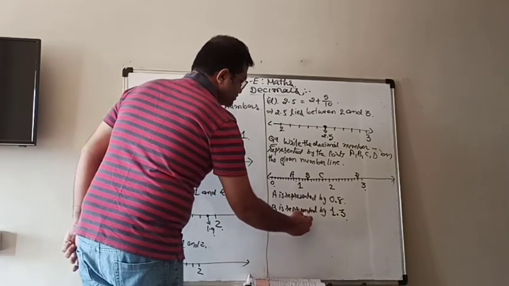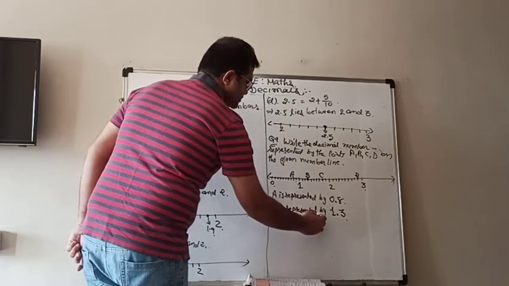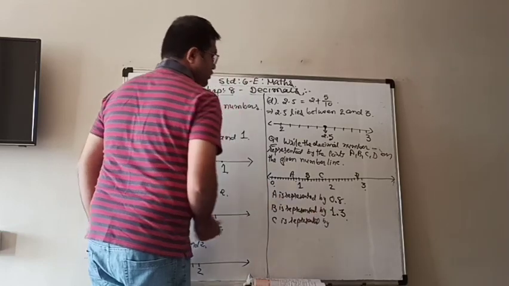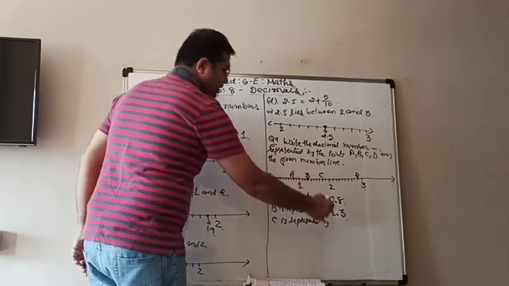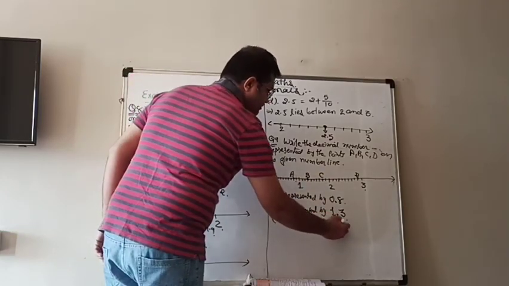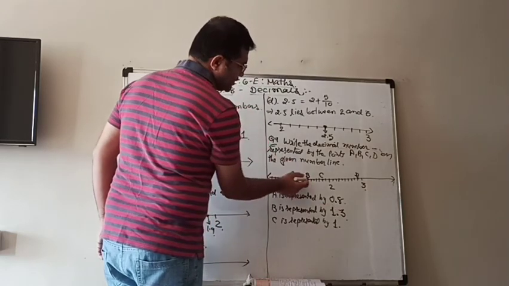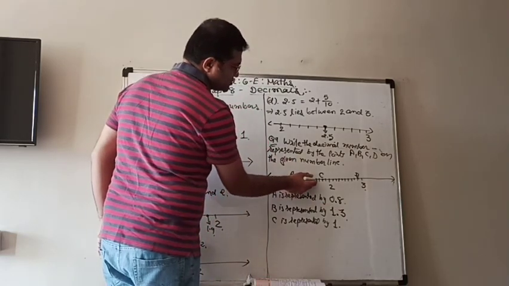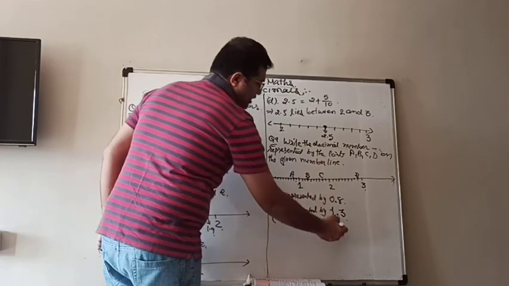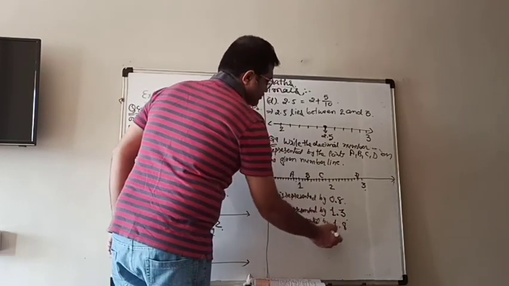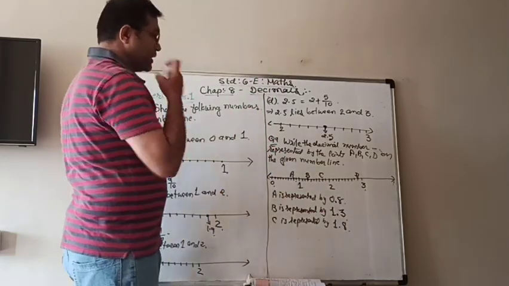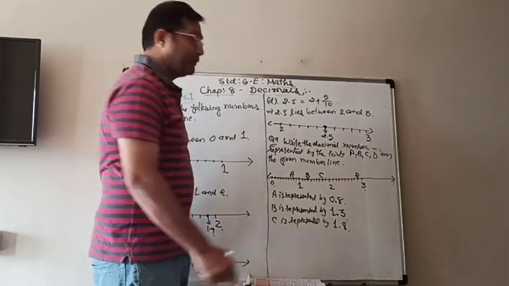And C. C is also between 1 and 2, so it will be 1 point something. Now we saw that B is 1.3, so 1.4, 5, 6, 7 and it is at 8. So it will be represented by the number 1.8.